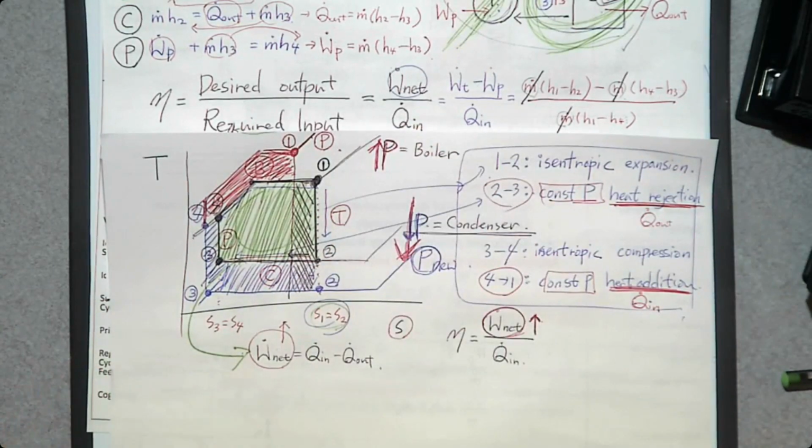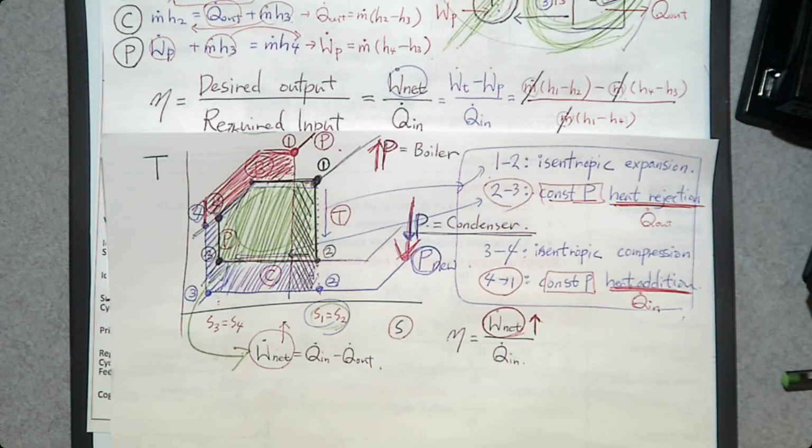So increasing the boiler pressure does not always improve the thermal efficiency, because we can add this much net power. However, we are losing this much net power. So it's case by case. So decreasing the condenser pressure always benefits the thermal efficiency.